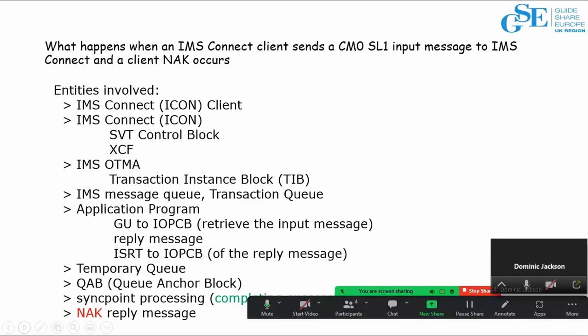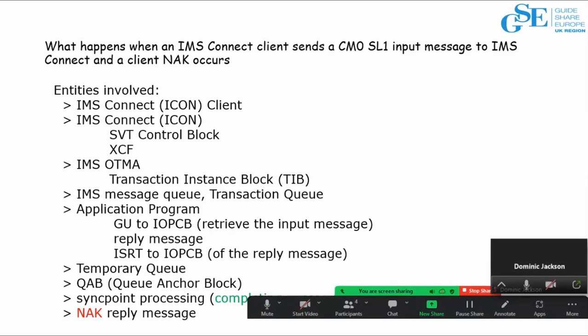The second branch is the client, instead of sending a positive acknowledgement or an ACK, this time the IMS Connect client sends a NAK, or a negative acknowledgement, right? So the IMS Connect client receives the reply message from IMS Connect, and then it sends out a negative reply message or a NAK message back to IMS Connect.